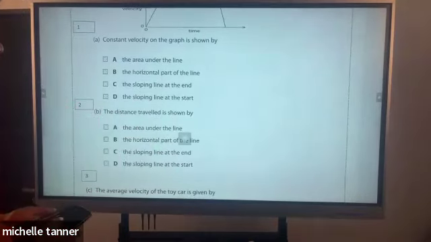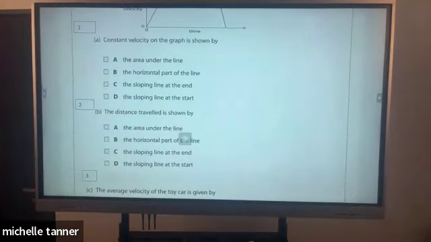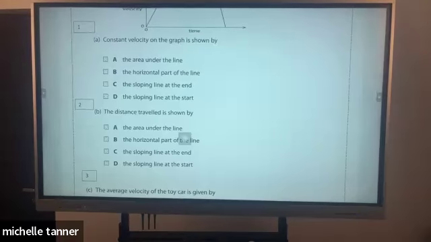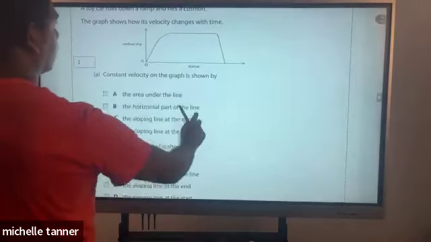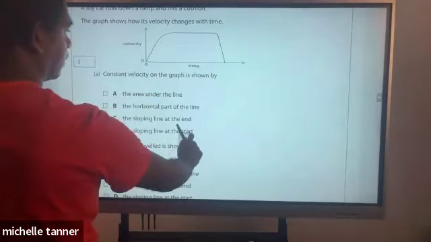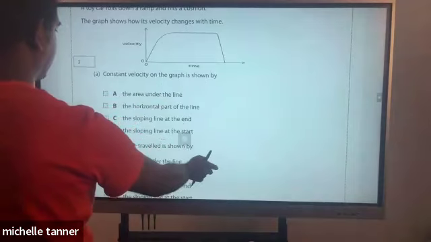The question number 2. So it's shown by the area under the line. Distance means the area under the line. We have discussed this, area equals distance.